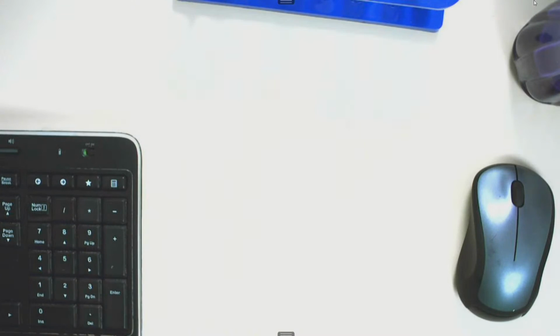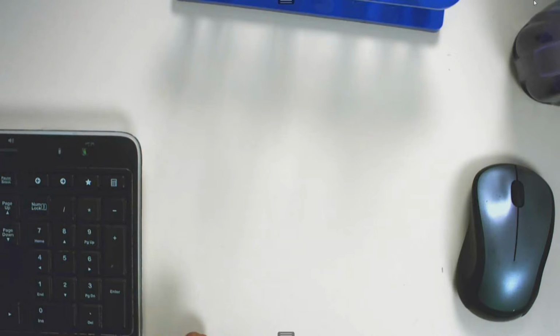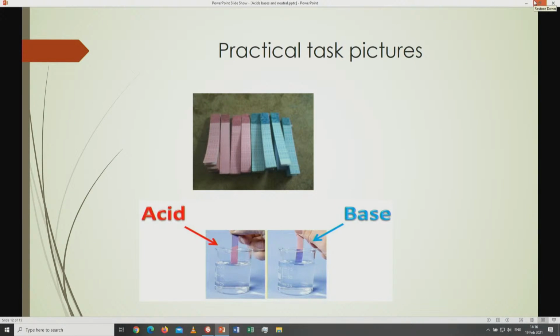Let us look at the picture again. They are used this way. Look at the left: acids. On the right, bases. Let's look at the acids on the left. They took a blue litmus paper and dip it in an acidic substance.